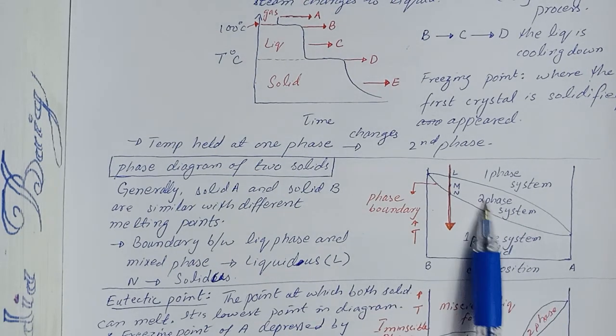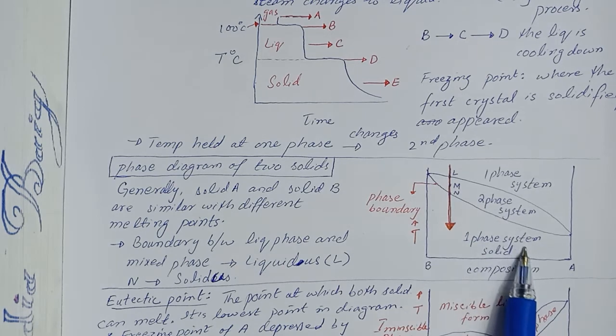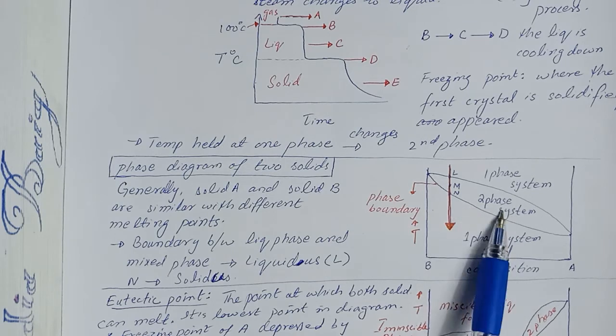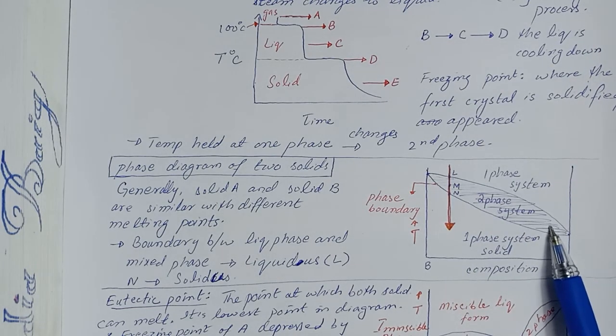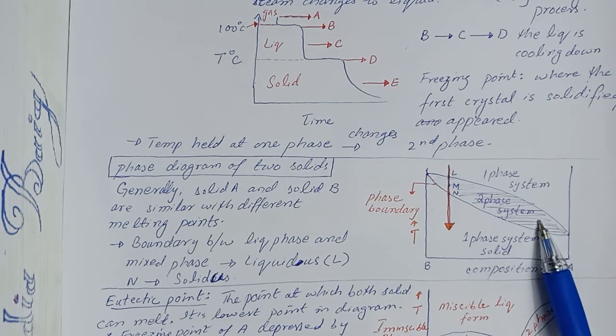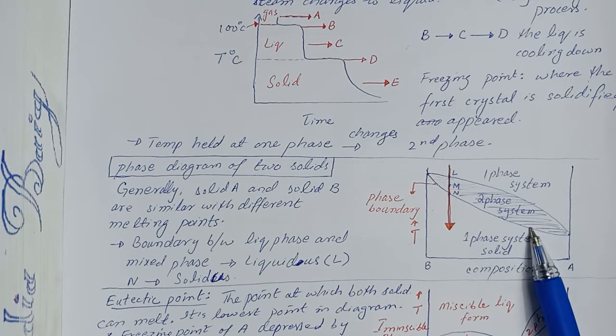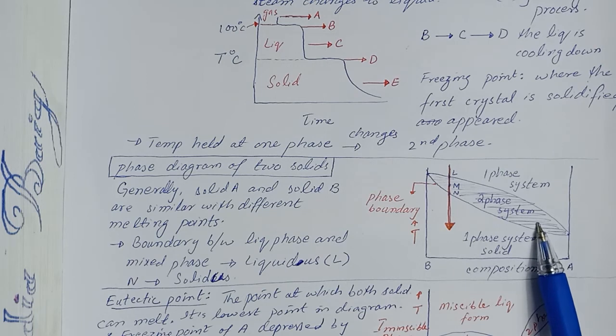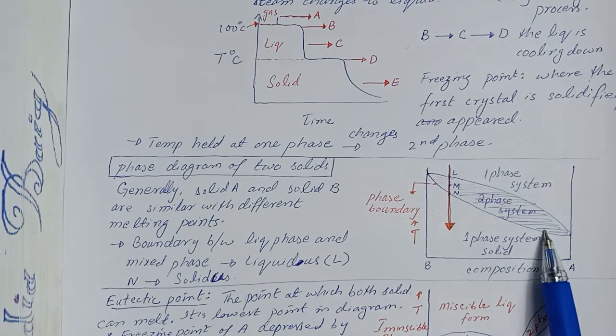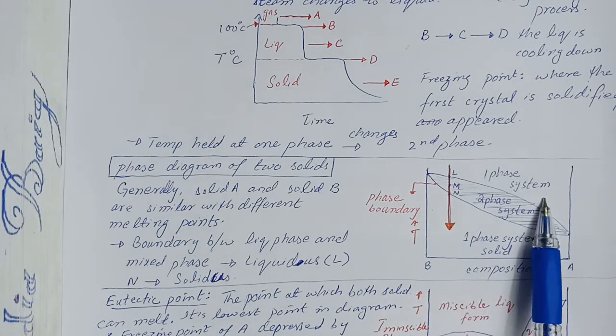So the closed representation of the two boundaries, this highlighted region, is showing the two phase system in which solid and liquid of different compositions of the two components coexist with each other, and the phase across from this line is again one phase, that is the liquid phase.